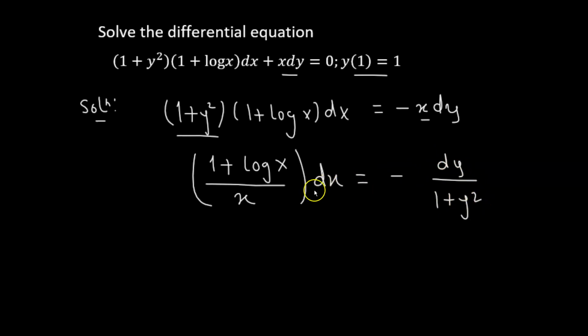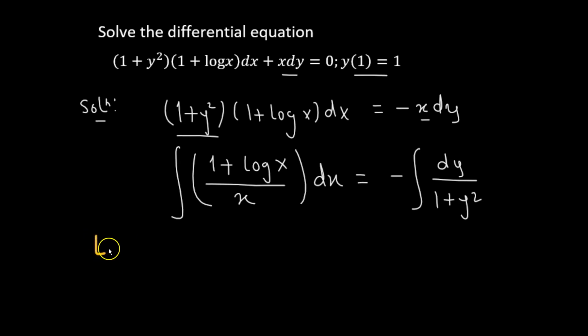You can see that the coefficient of dx is entirely a function of x. Similarly, the coefficient of dy, which is negative 1 over 1 plus y squared, is a function of y. Now they are in the separable form, so that means we can integrate both sides. To integrate the first function, we are going to make an assumption here.